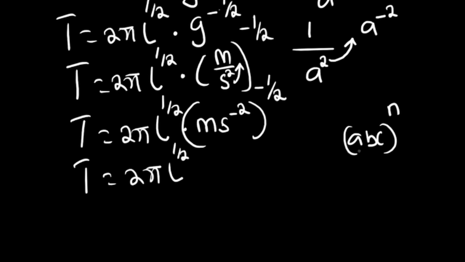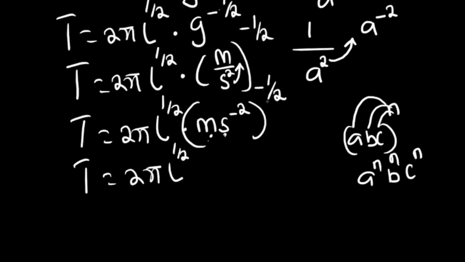Since they are multiplying inside the bracket, you are safe to distribute the power. So the n goes to the a, to the b, and also to the c. And this is now going to be a to the power of n, b to the power of n, c to the power of n, okay? It only works when they are multiplying. Like if you look at this bracket right now, the m multiplies the s. So we are safe to distribute the power.